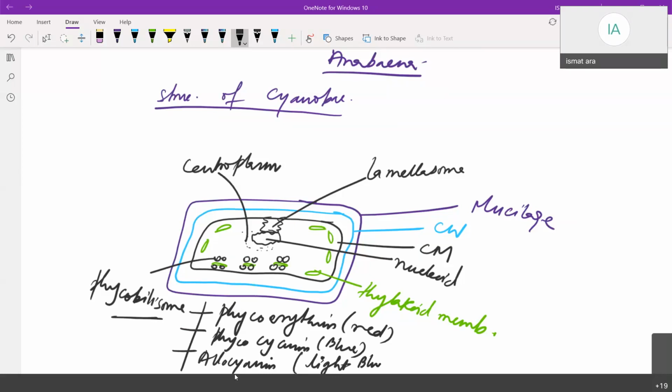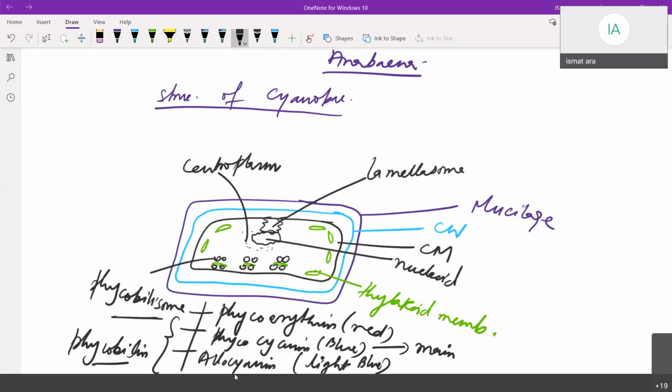Phycocyanin is the main pigment. These pigments all together are called phycobilin. They are present in phycobilisome, and these phycobilisomes are present on the thylakoid membrane.